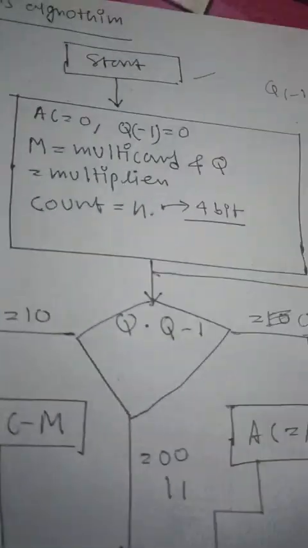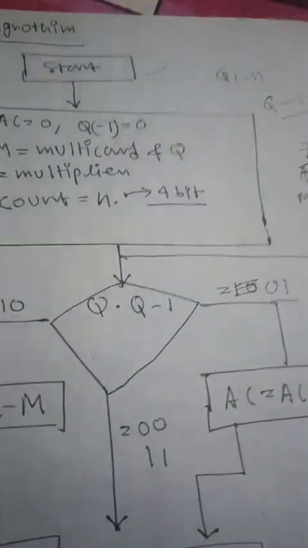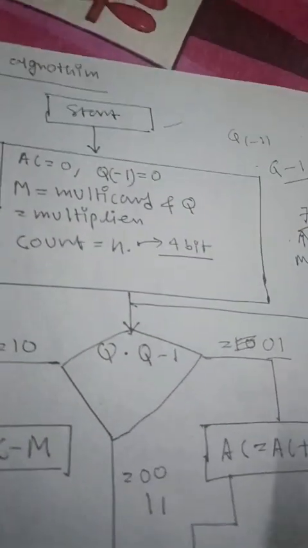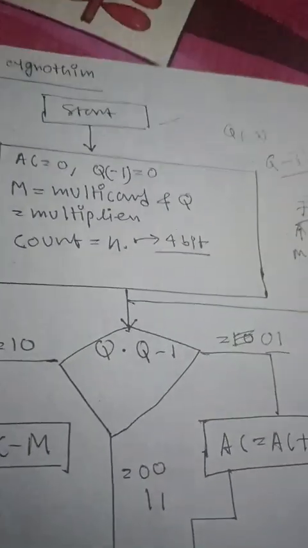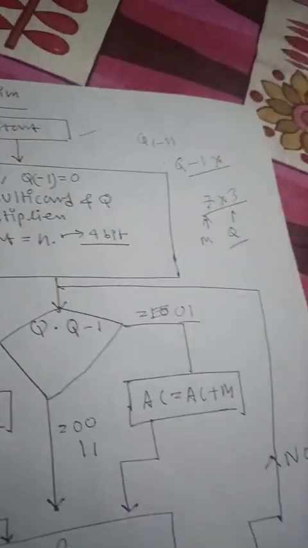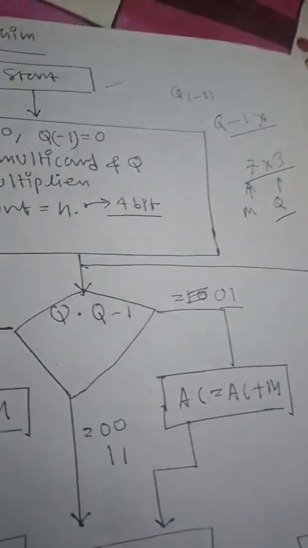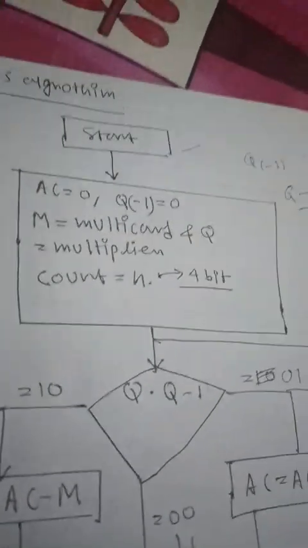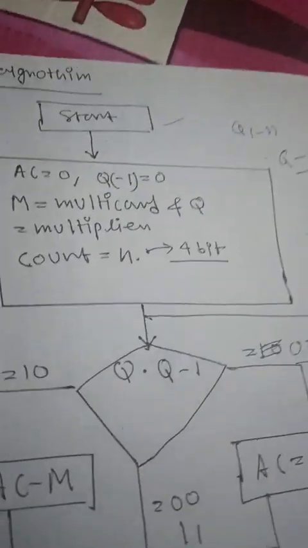Then there is count. Count is n. What is n? It is how many bits of register we are given. Like we have to solve in 4 bits or 5 bits. Then the number of bits given should be the count or n.